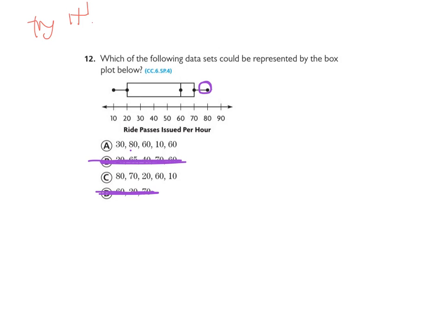Then let's line them up and find the median. So 10, and I was just putting these in order so I could find the median. 30, 60, 60, 80. So in A, our median is 60. Well, that matches up, so A is still a possibility, but let's see if it's the right answer.